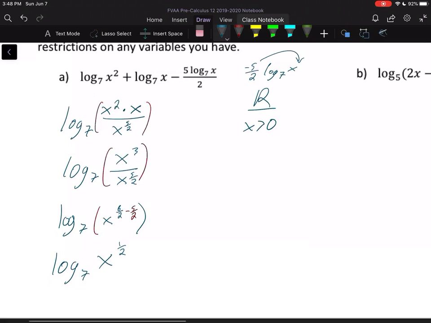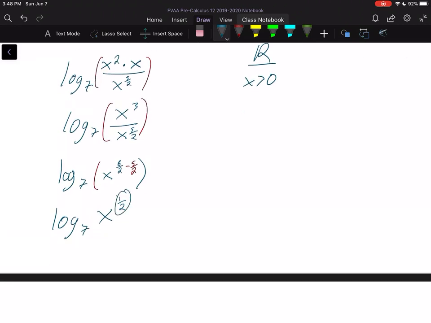Okay, and then you can bring that as a coefficient, 1/2 log 7x. Okay, that would be your final answer here with your restriction here.